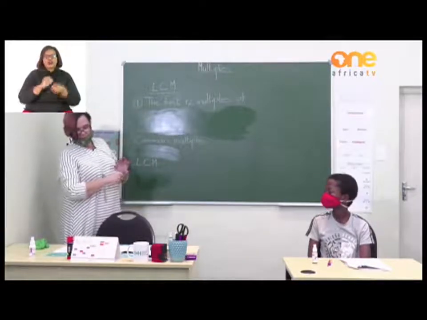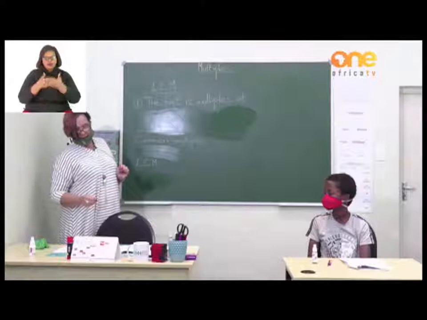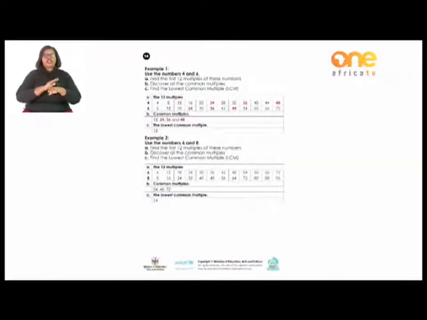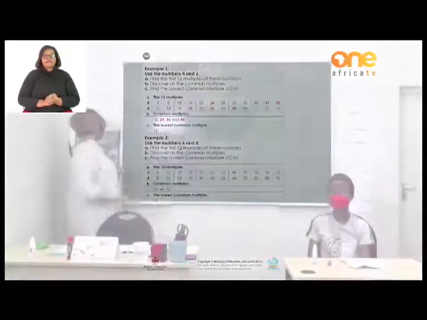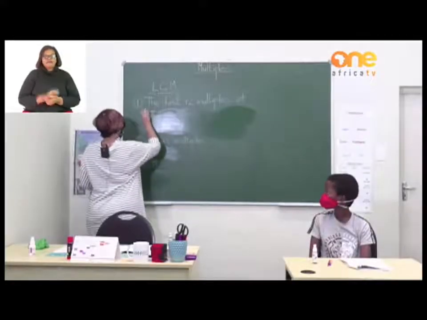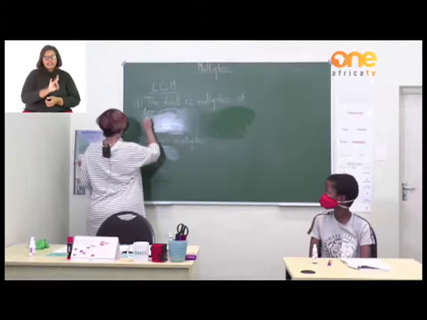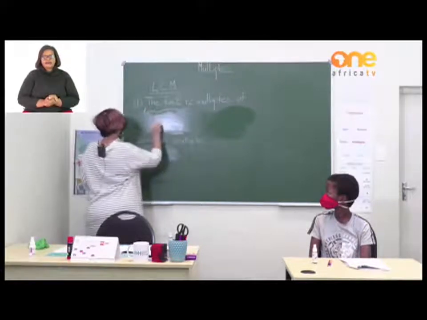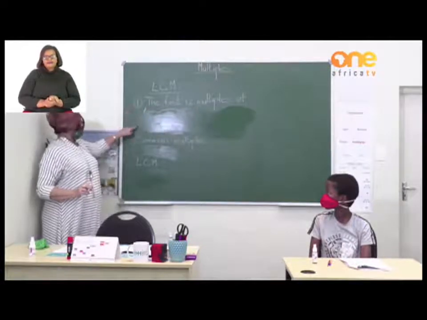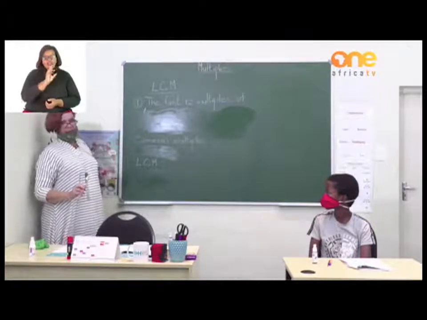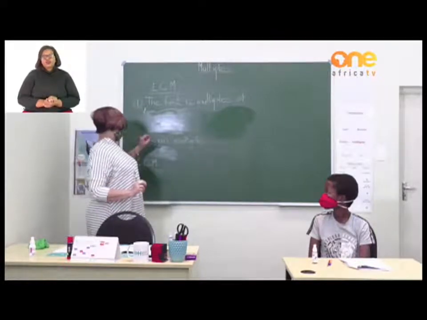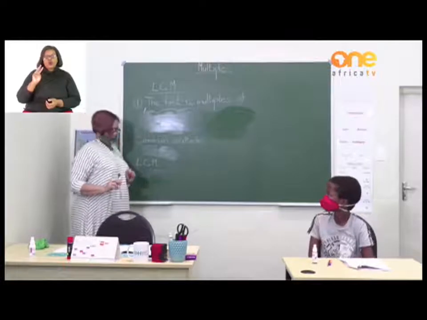If you go back to page 14, our example 2, we have to find the first 12 multiples of the numbers 6 and 8. So let's focus on the board again. The numbers that we have to find the LCM of are 6 and 8. Pomwene is going to assist us. Can you give me the multiples of 6?